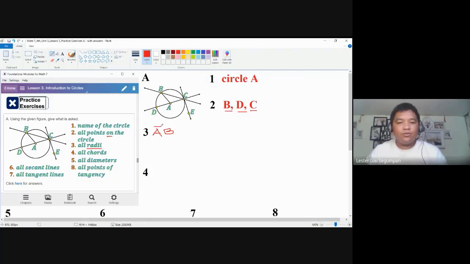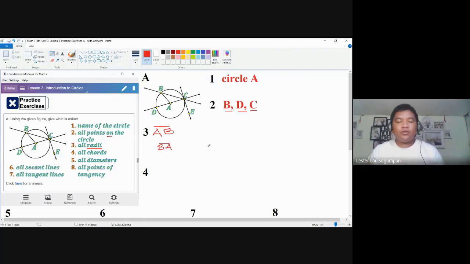So we need to make here the proper notation. Sir, what if I answer here BA? Is it correct? Now, some of you might say, no, it's wrong because the definition of a radius is a line segment drawn from the center to any point on the circle.